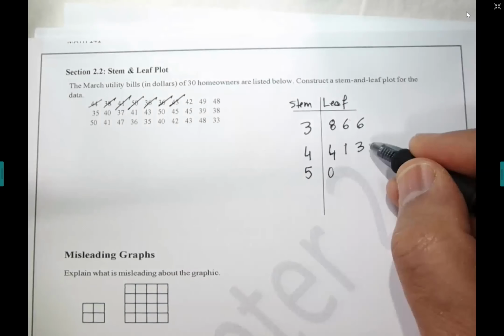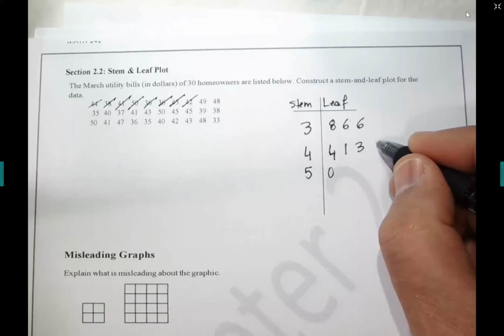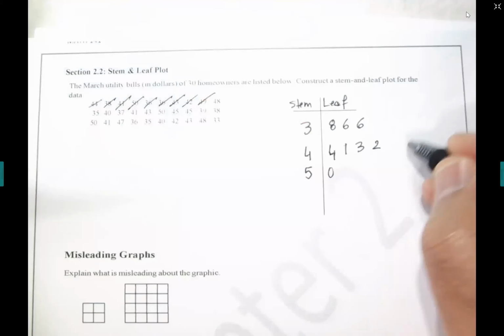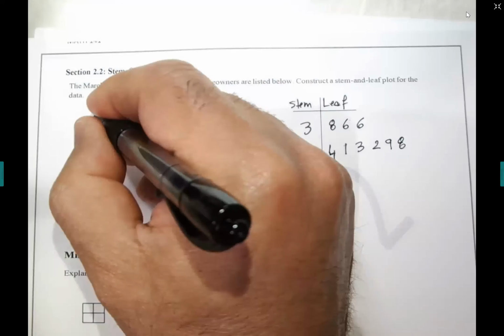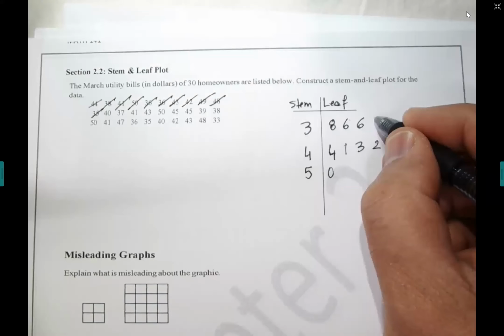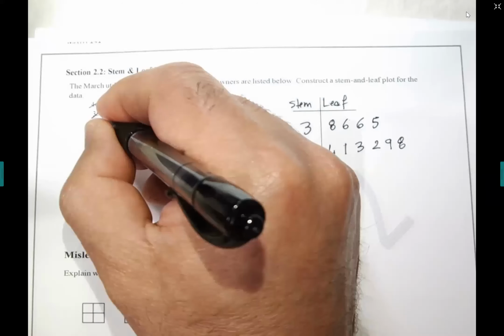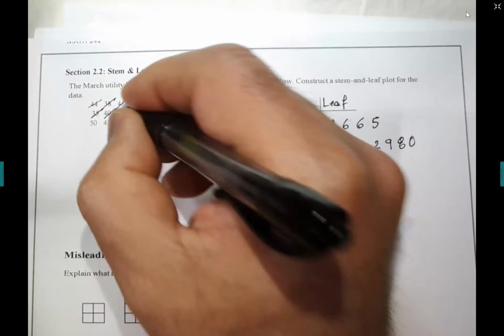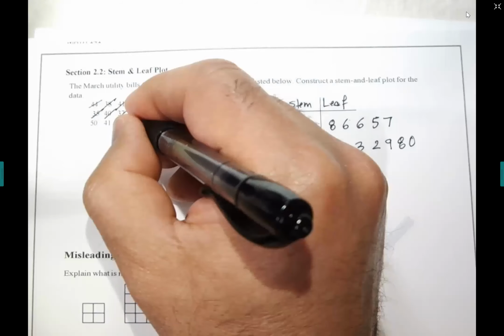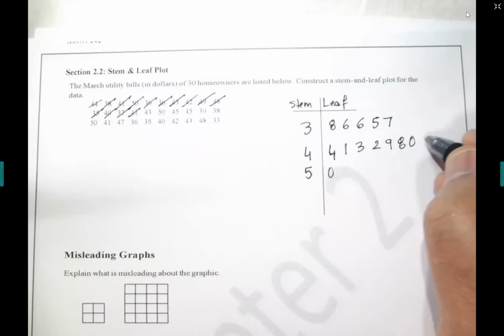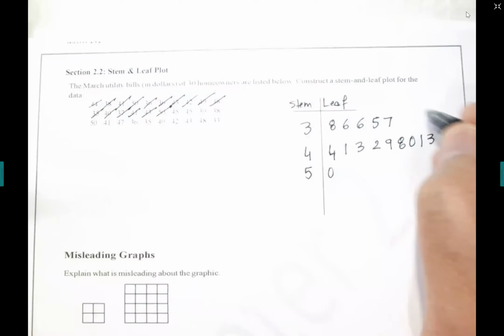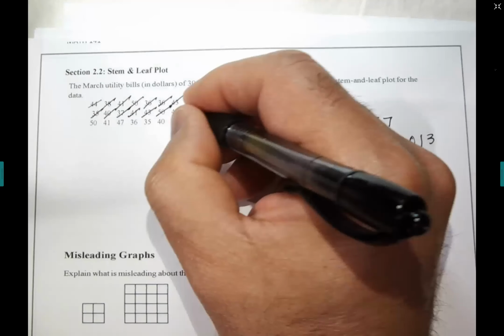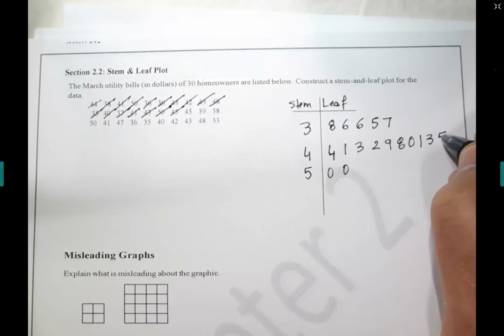That's a lot of data there. 2. 49, 8. 35. 40. I hope I have enough room to finish this. 7. 41. 43. 50, another 0. 45, 45.